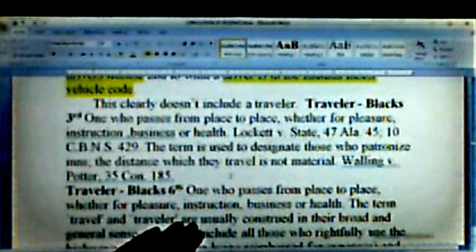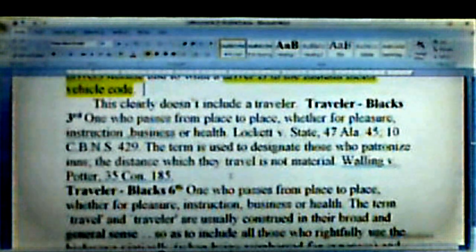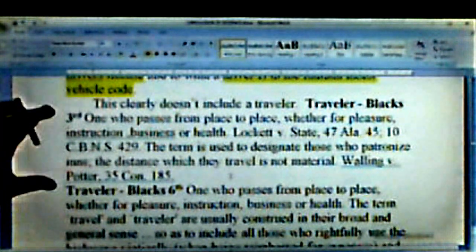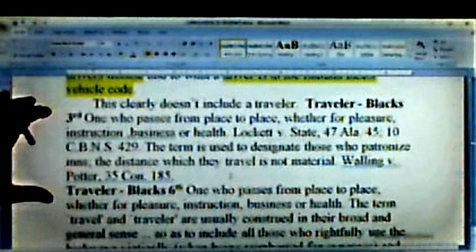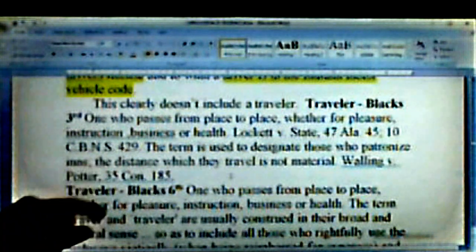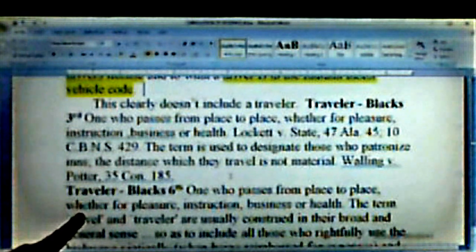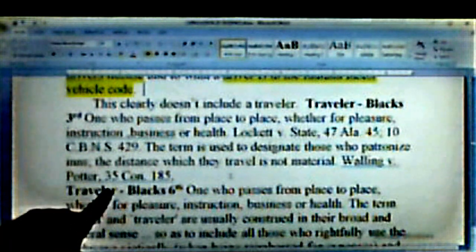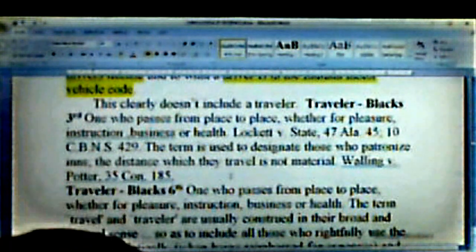As we go on, you see that a traveler is just one who passes from place to place, whether for pleasure, instruction, business, or health. From one definition to the next definition. Now remember, these are 3 editions apart, but the definition doesn't change, right? And it says in CBNS 429, Walling versus Potter, 35, and this was in Connecticut, the term is used to designate those who patronize inns.